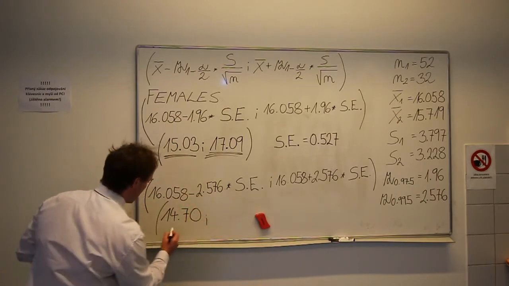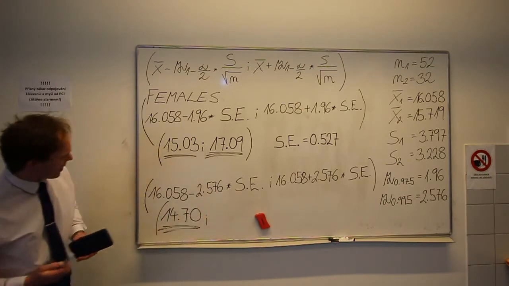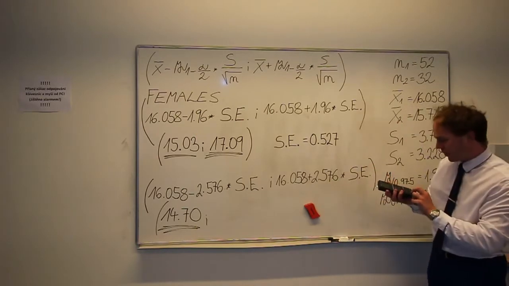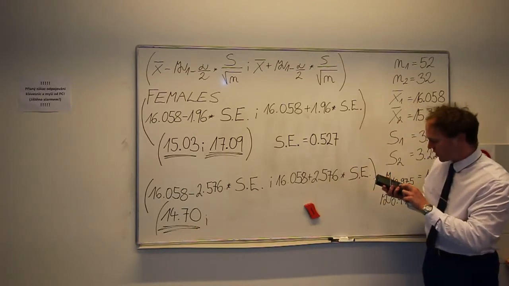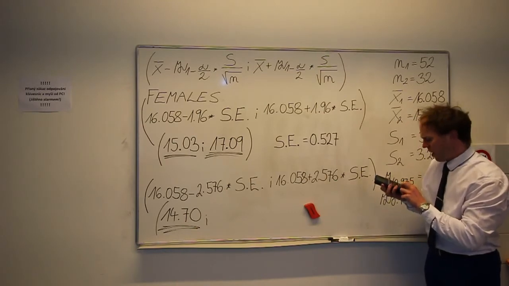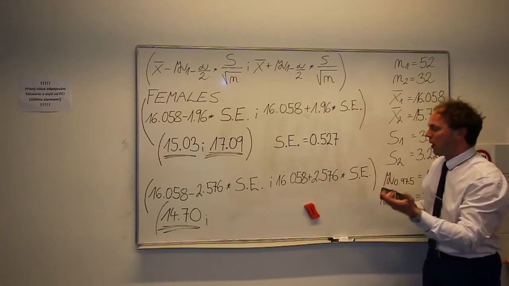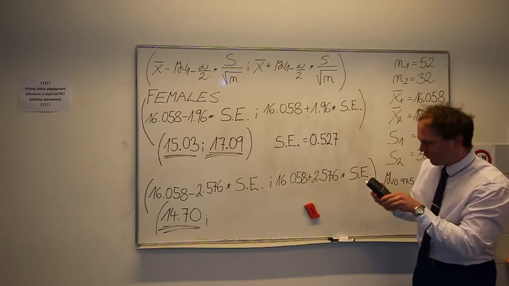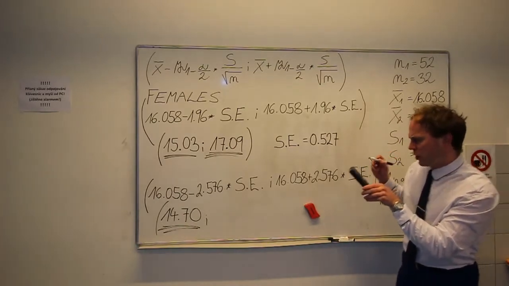So this is the left bound, the left side of this confidence interval, and the right side, 0.527 times 2.576 plus 16.058, 17.42.